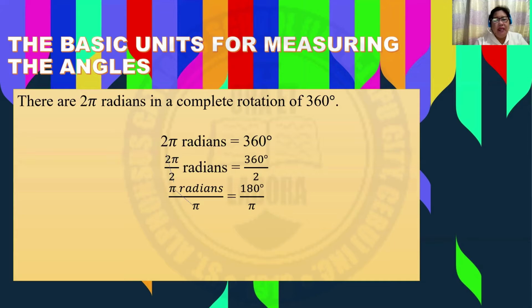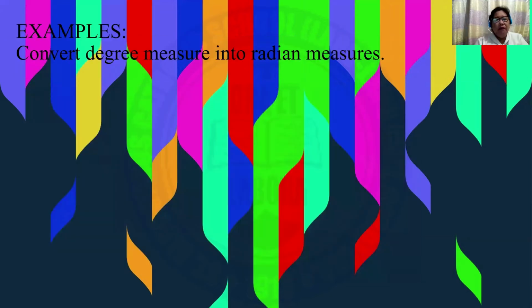And then divide again both sides by pi, then what we have is 1 radian, which is equivalent to 180 over pi. For example, convert degree measure into radian measure.